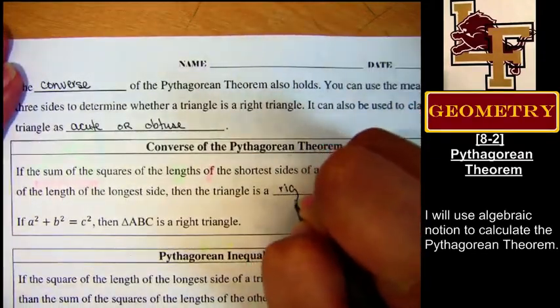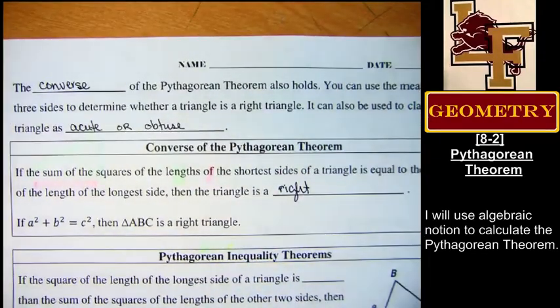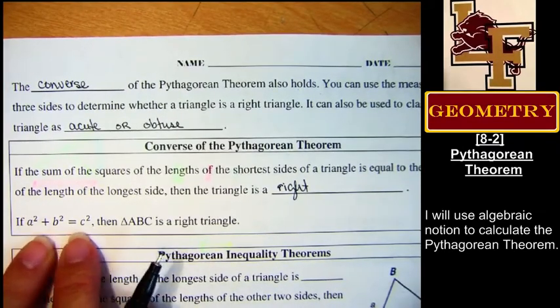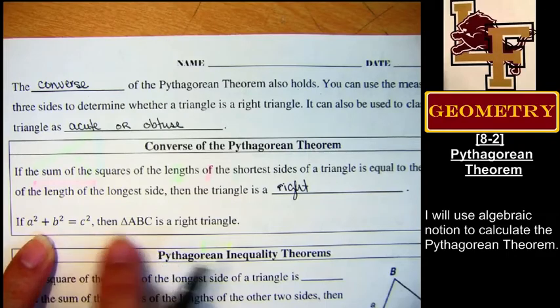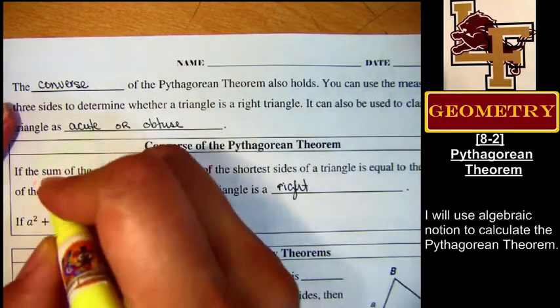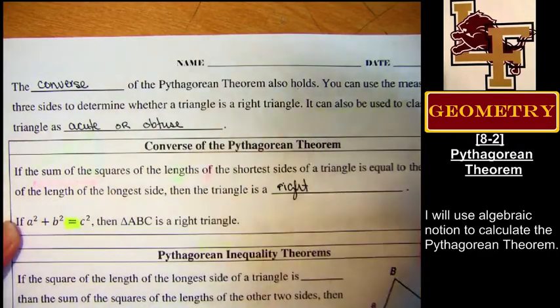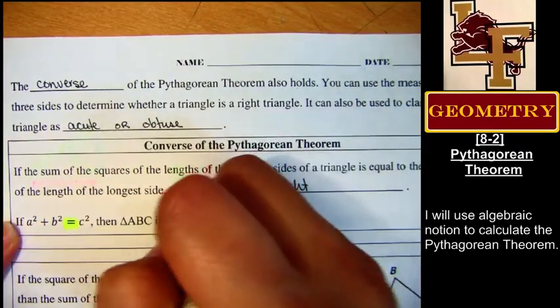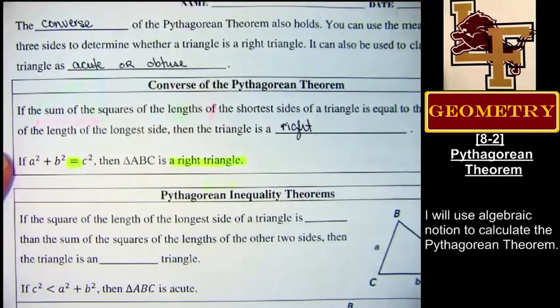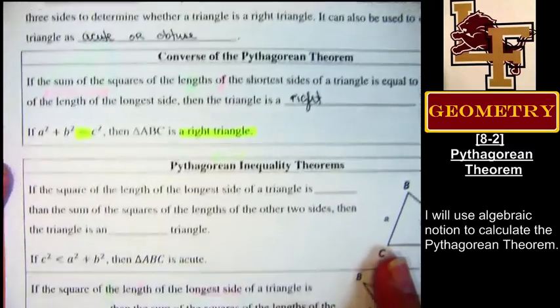It works with the converse that says, if I have some triangle and I know that this is true, then I can state it's a right triangle. So if I get a squared plus b squared equals c squared, I can say it's a right triangle. But now look at the order.